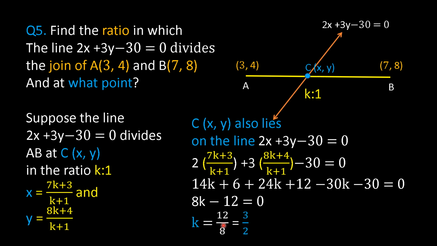So k will be 12 by 8 or 3 by 2. So this is the value of k, and it also means that point C divides segment AB in the ratio 3:2.